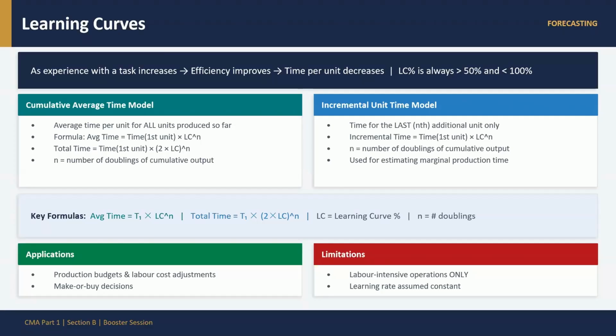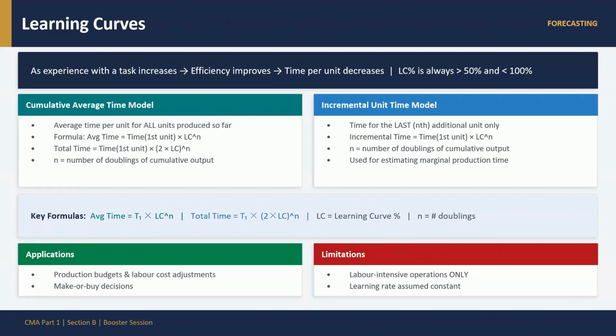That means this 100 hours we have already consumed. Take any percentage less than 50% and calculate. You will get your total time less than 100 hours. And that is not practically possible at all, because for the first product we have already consumed 100 hours. For the second product, at least 1 hour extra we should have consumed. But if you calculate the total time using a learning curve percentage of less than 50%, it will give you a number that is less than 100 hours, which is practically not possible.